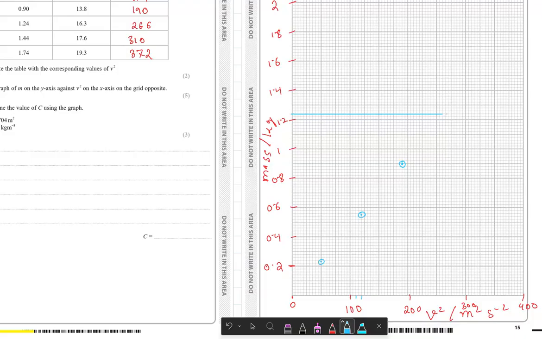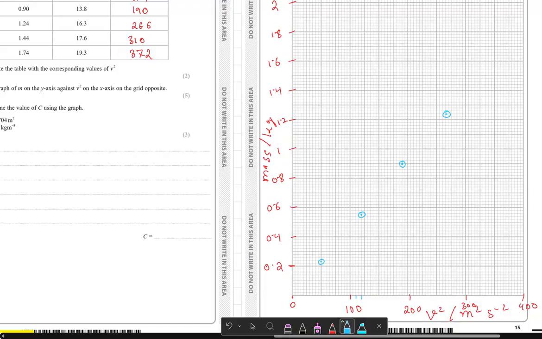So somewhere over here. And make sure that your points are visible like this. Don't just put one dot because they might not be able to see it when they scan your copy. So it might cause you some trouble. 1.44 must be here. And at this point it is going to be 1.